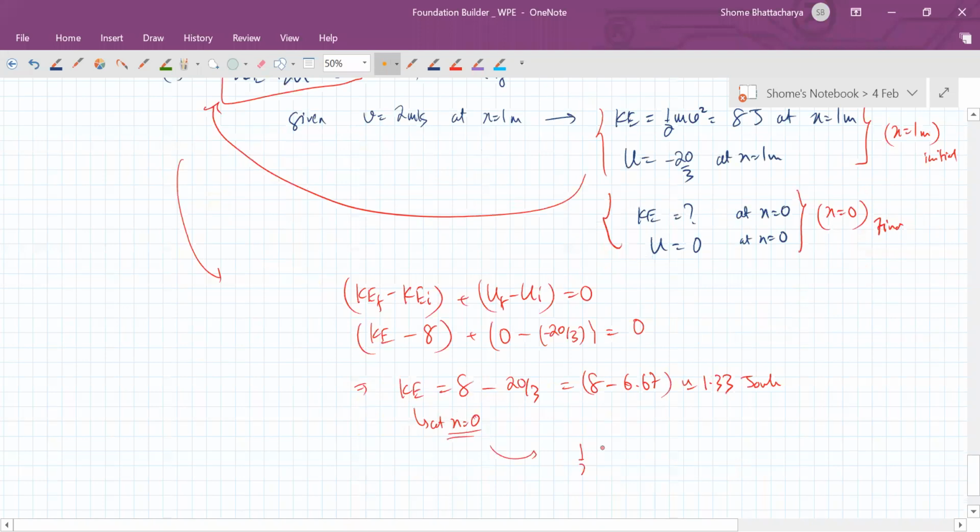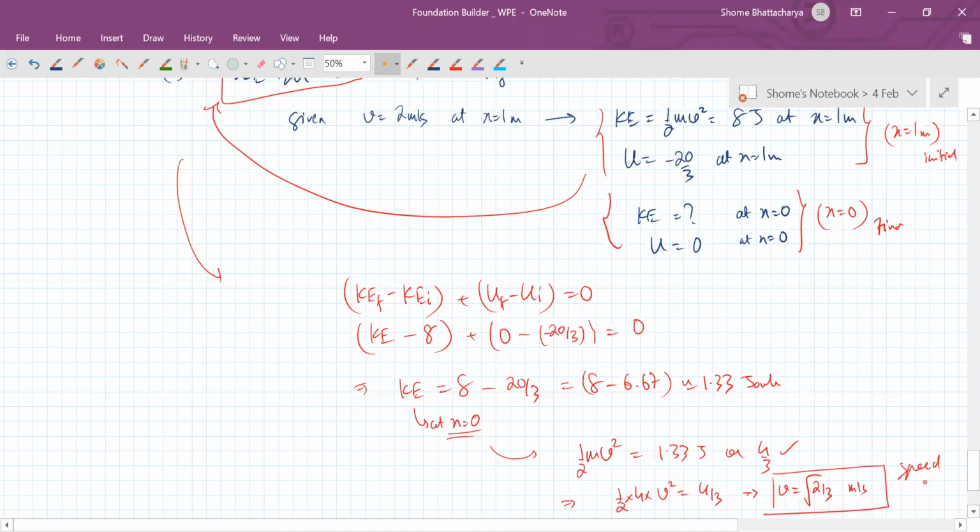So half mv squared is equal to 1.33 joules, or more precisely, 4 by 3 joules. The speed, which is a magnitude quantity, so we won't take plus minus, is this. So this is the speed of the particle at x equal to 0.